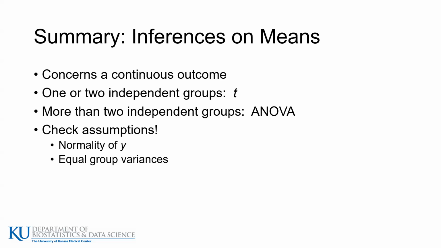So it's important to test that those assumptions are true before conducting the statistical test. And if they're not true, you may want to consider an alternative like a non-parametric test that would be more valid in scenarios where these assumptions are violated.